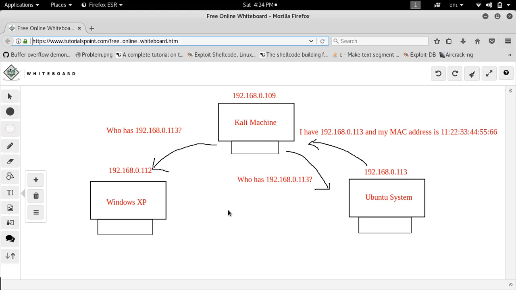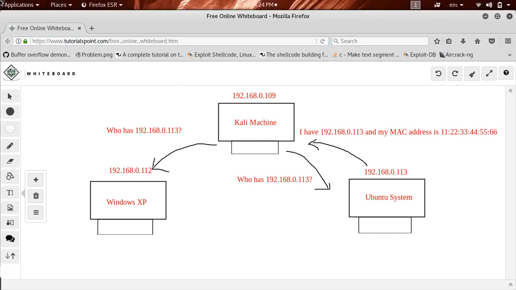Whichever system has this IP address will respond back with an ARP reply packet saying, I have this IP address and my MAC address is this. As soon as our Kali machine gets this message, it will update its ARP cache table.